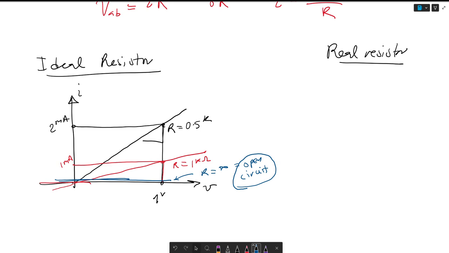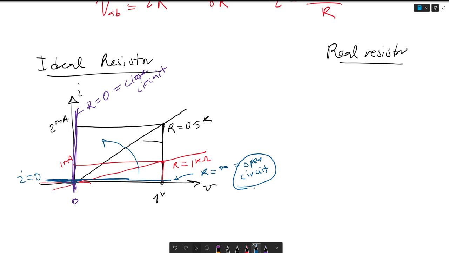And as you go up in this depiction, you will see that if R is equal to 0 at this line right here, this is a closed circuit, and voltage is 0 in this situation, and in this situation over here in blue, current I is 0.